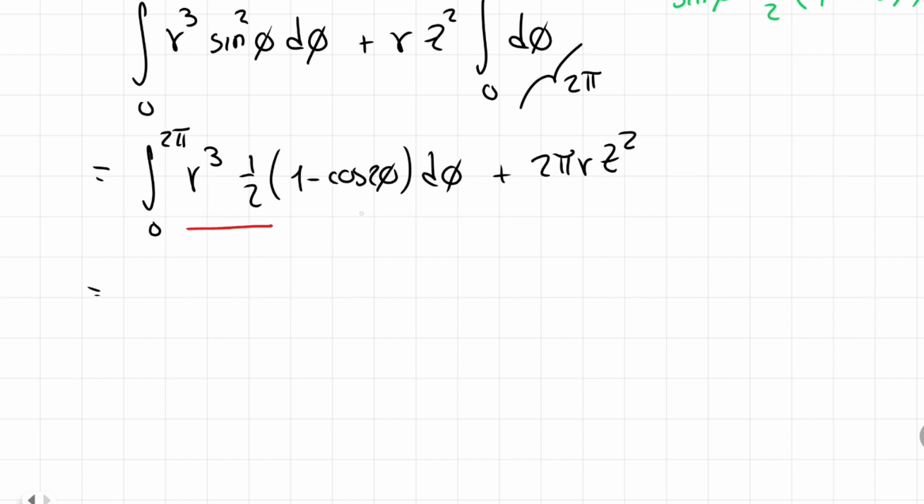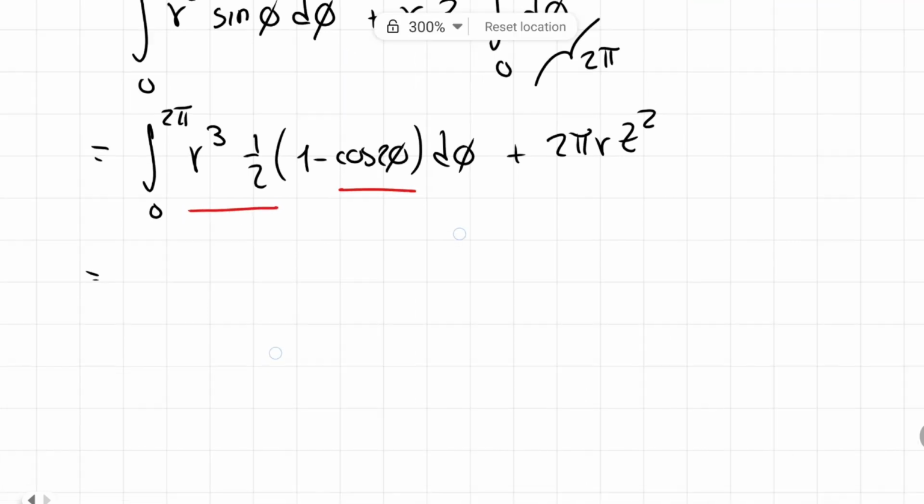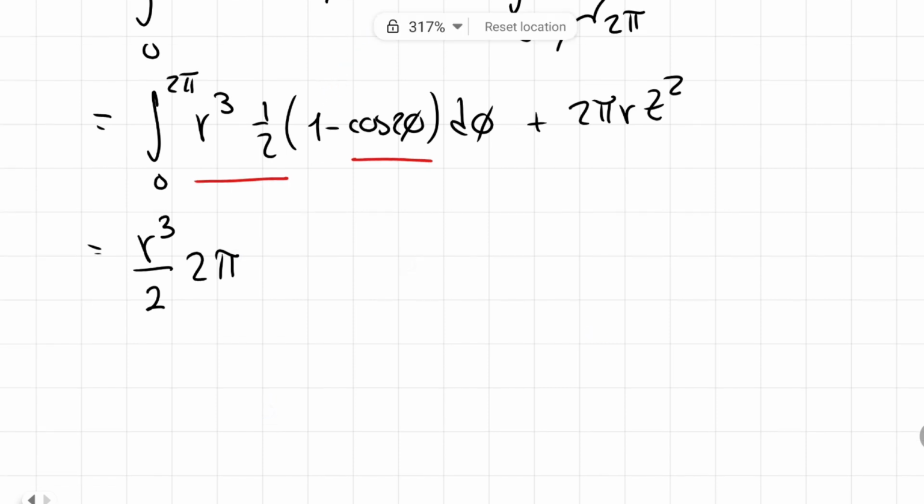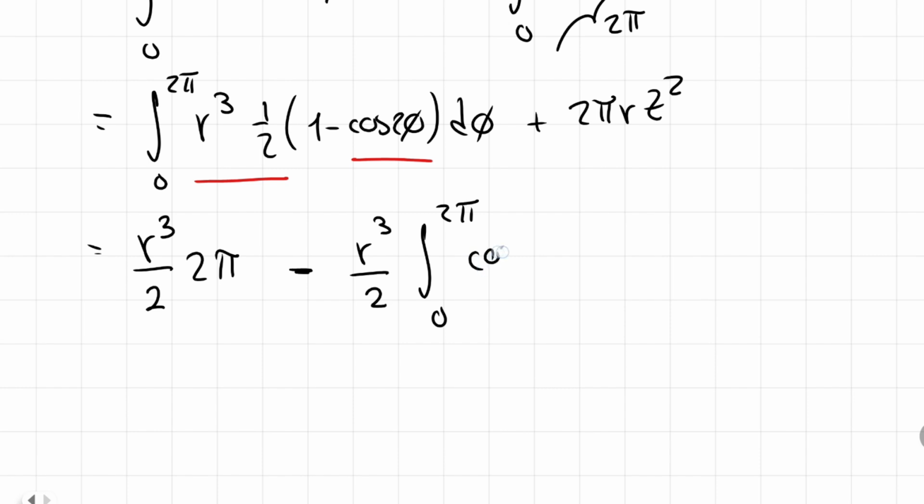So this is going to be equal to r cubed over 2 times 2 pi for the integral that corresponds to this one over here, and then minus r cubed over 2, the integral from 0 to 2 pi of cosine of 2 phi d phi, plus 2 pi r z squared.